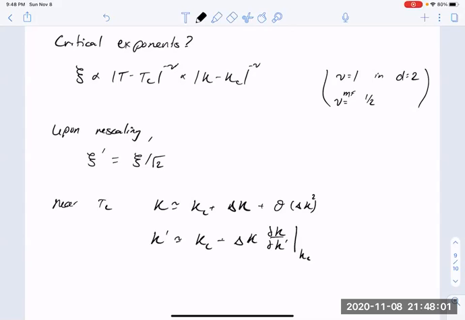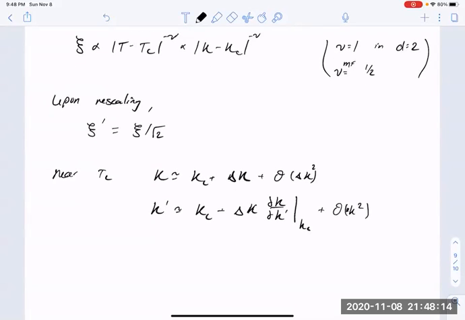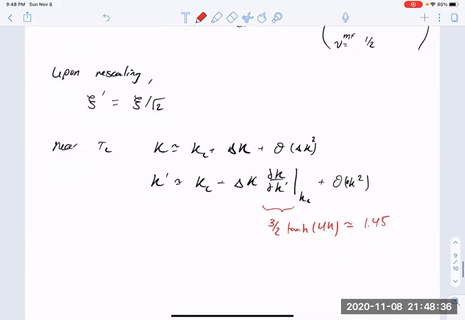They map to each other. But away, there are corrections that change depending if I'm looking at K or Kc, or K or K prime. This differential we can work out from our map, gives us 3/2 hyperbolic tangent of 4K evaluated at Kc, which we know is 0.51, gives us a number 1.45.